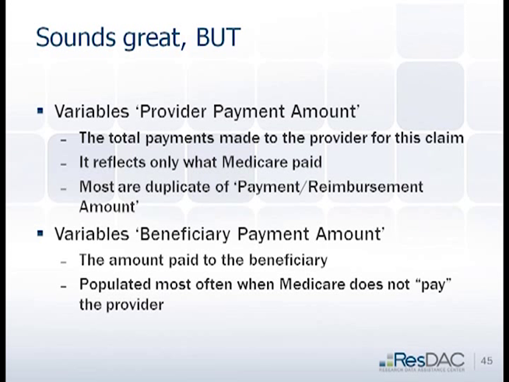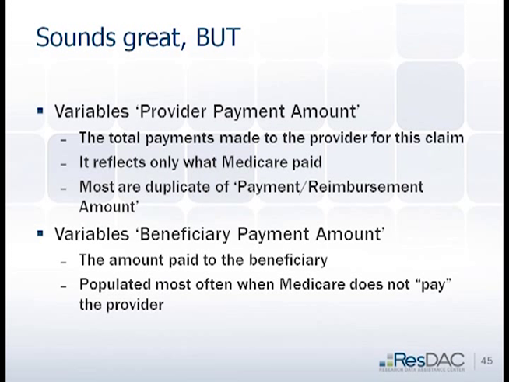So if I go to my provider and he bills me directly, my provider payment amount is probably going to be exactly the same as the claim payment amount, because the MAC is actually cutting the check to the provider. But there are some providers, some physicians in the carrier file, that don't want to bill. They make the beneficiary submit the bill and they get their check from the beneficiary.